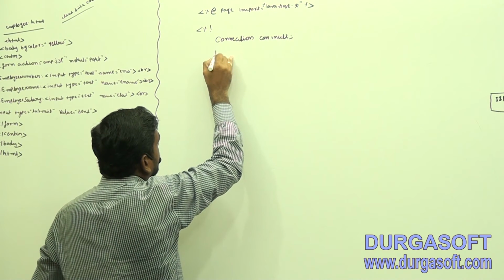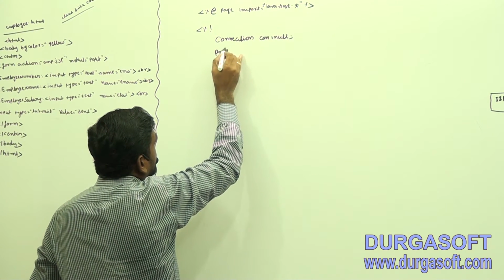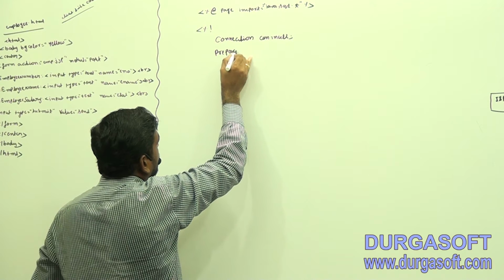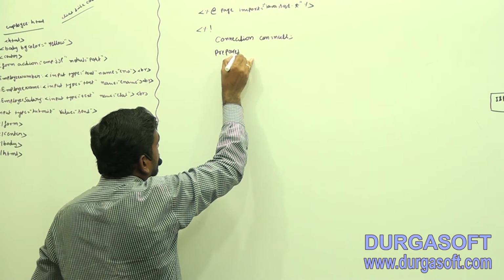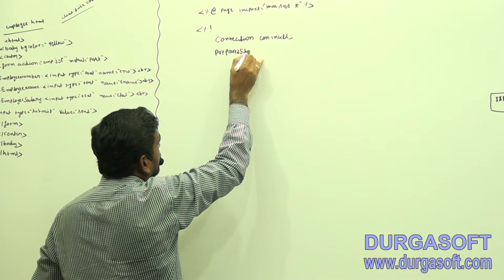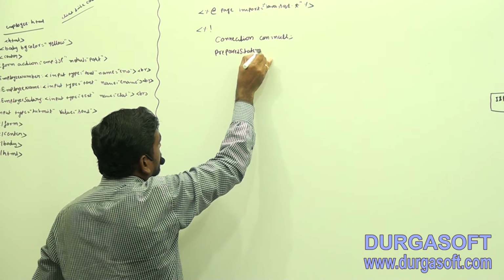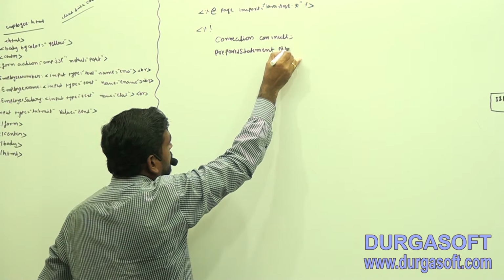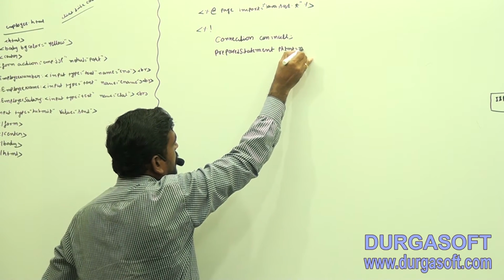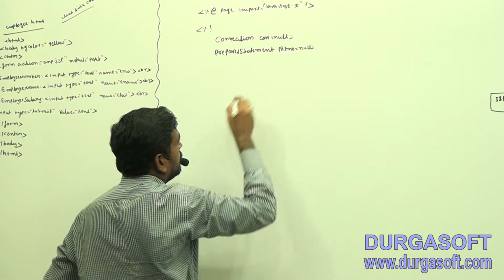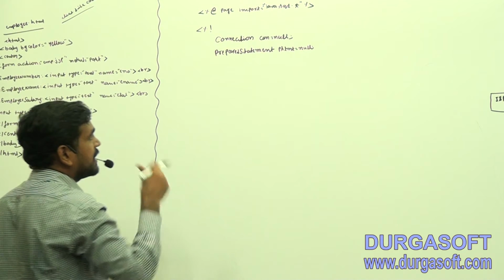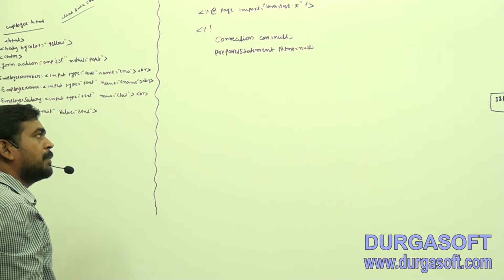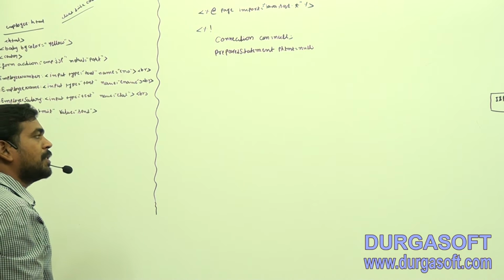The next, PreparedStatement pst is equal to null. Okay, Connection con is equal to null, and PreparedStatement pst is equal to null I have taken.